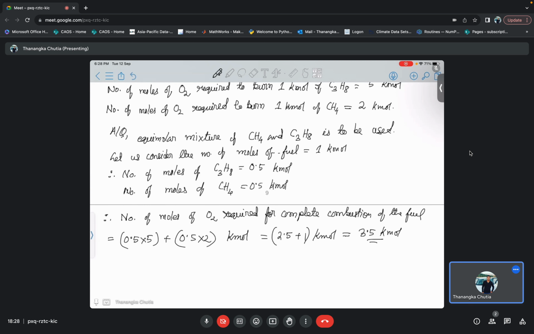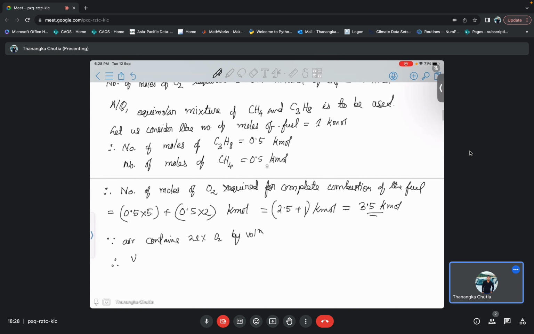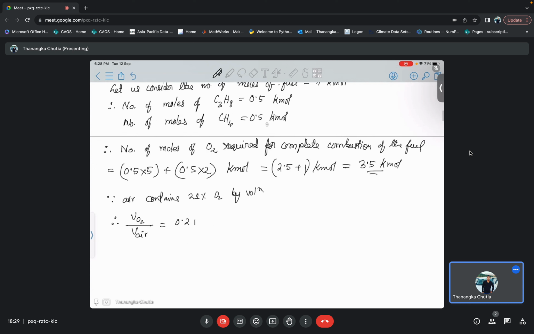Okay, now since air contains 21% oxygen by volume, therefore volume of oxygen divided by volume of air is equal to 0.21.